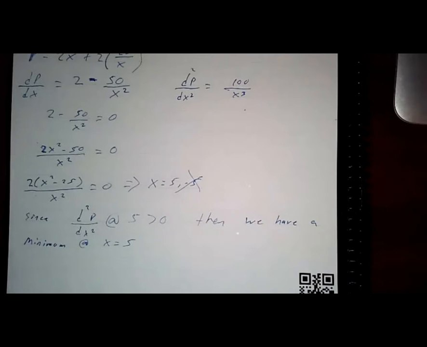Okay. So our equation was p or y, whatever you want to call it, f of x equal to 2x plus 25 over x.